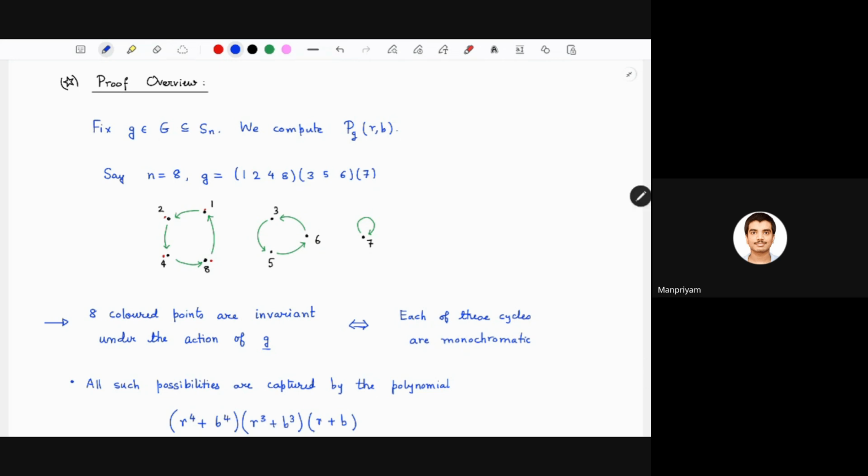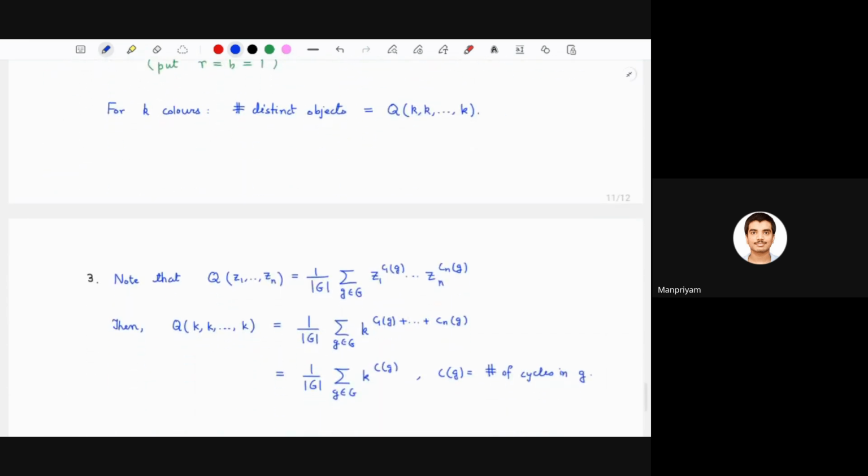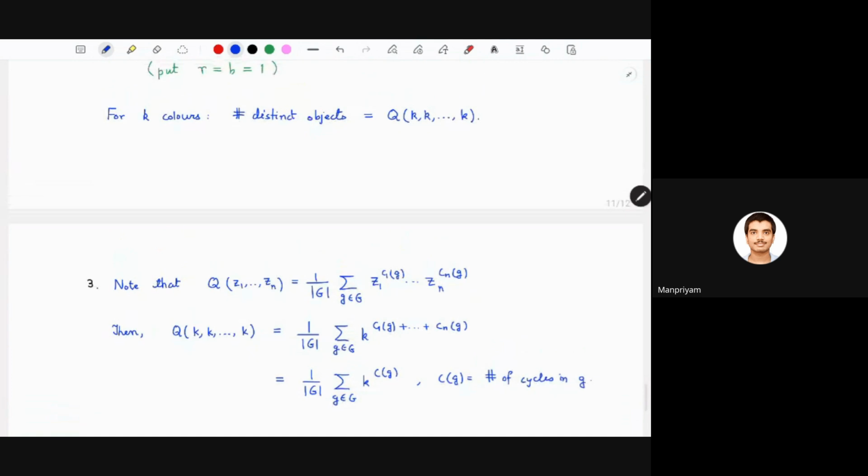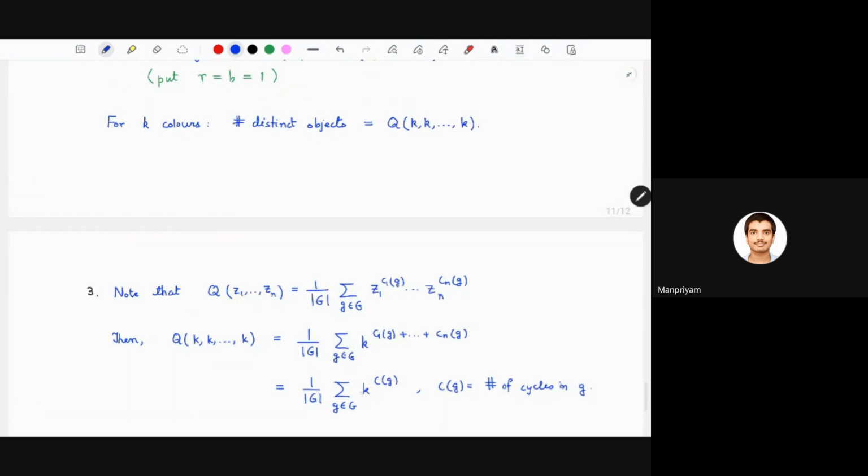Each cycle must be monochromatic. So how many possibilities are there? If I have k colors and I color each cycle, it's just k to the power number of cycles. So that's precisely what comes up here, and you take an average of that. That's how you get your answer.